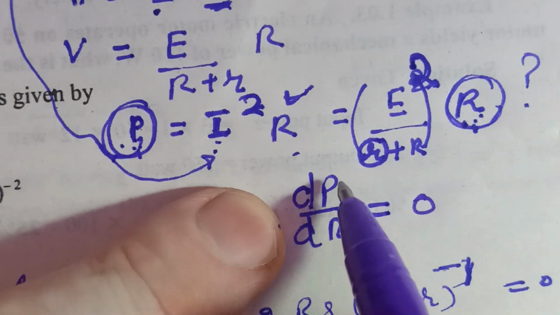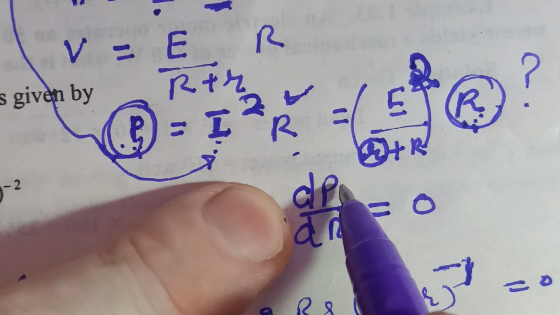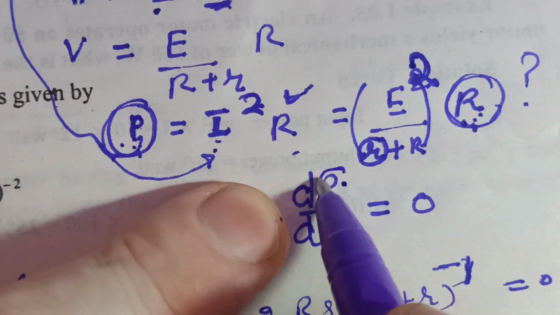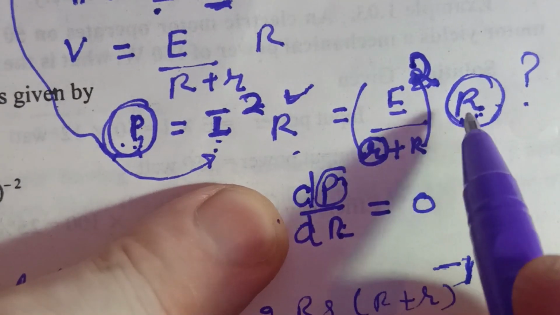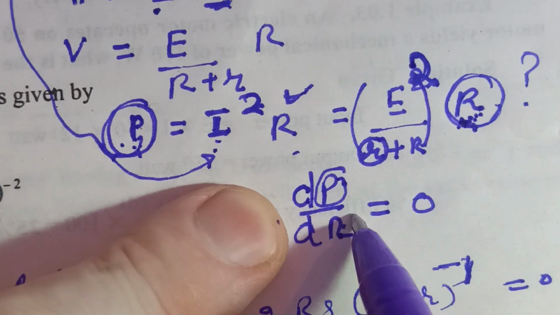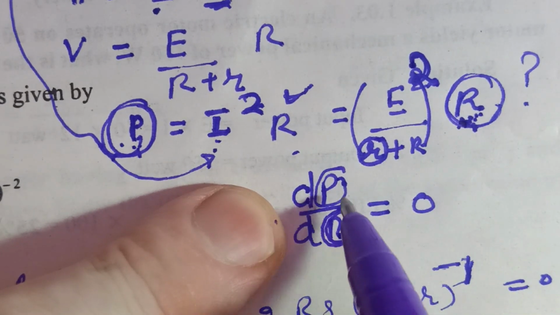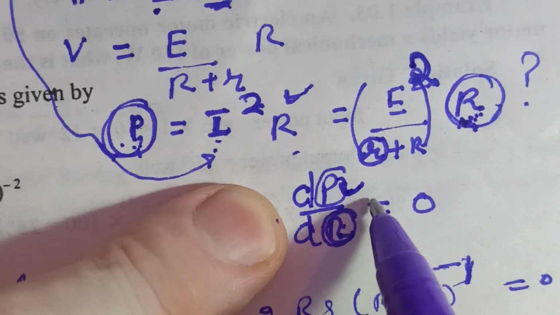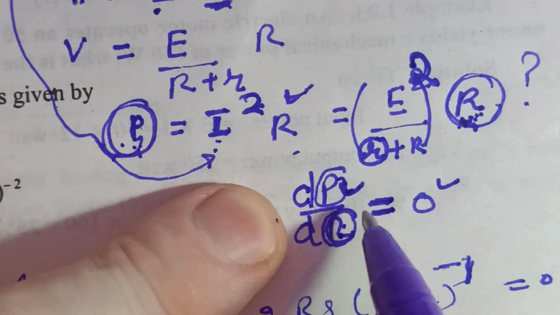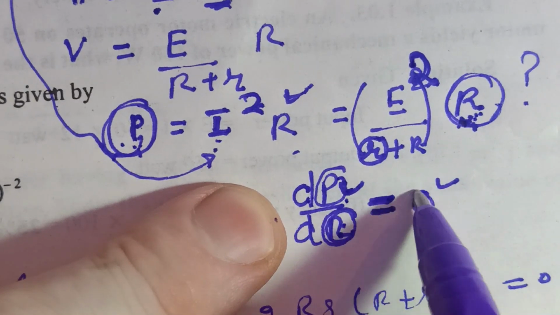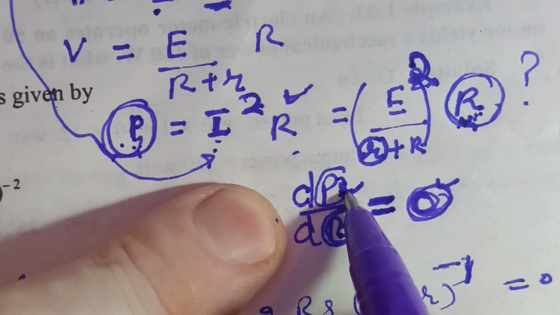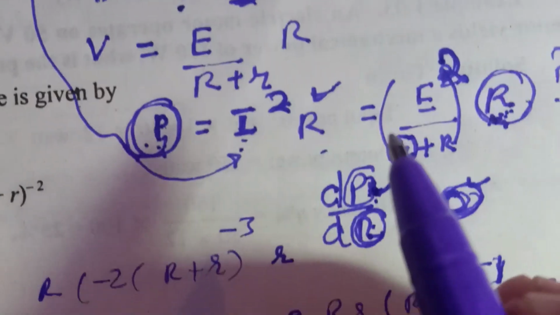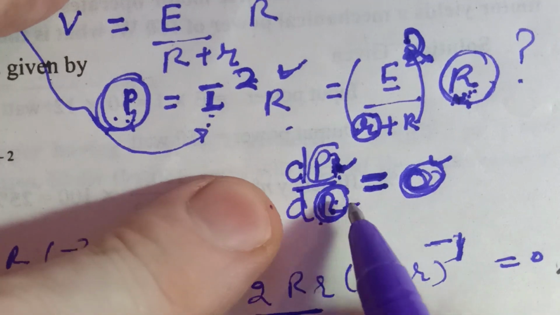If I differentiate power with respect to R, because this power is a function of capital R, this R is our choice. We can change this value, and we want to know what capital R should be so that P becomes maximum. Differentiation gives the answer when you make it 0. When the differentiation is 0, then power is maximized. So maximum power delivered to this resistor happens when dP over dR equals 0.